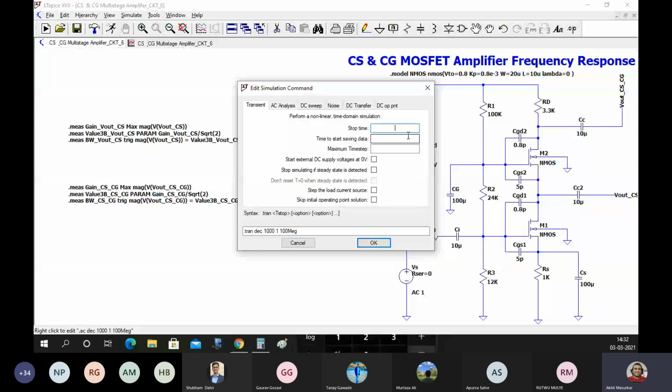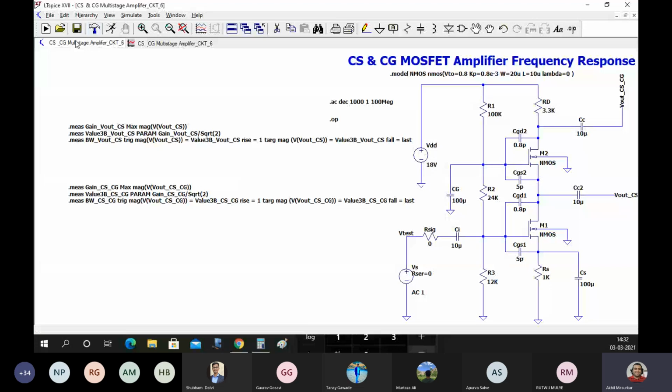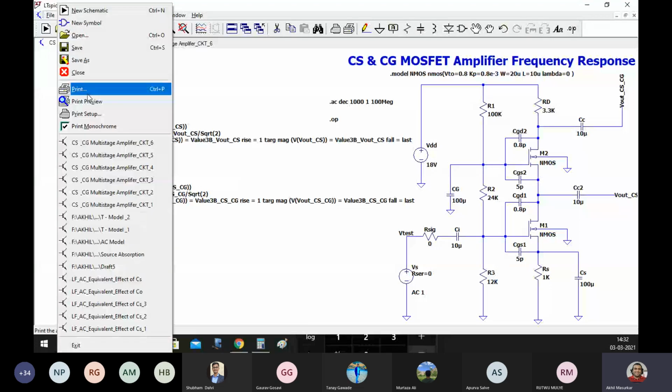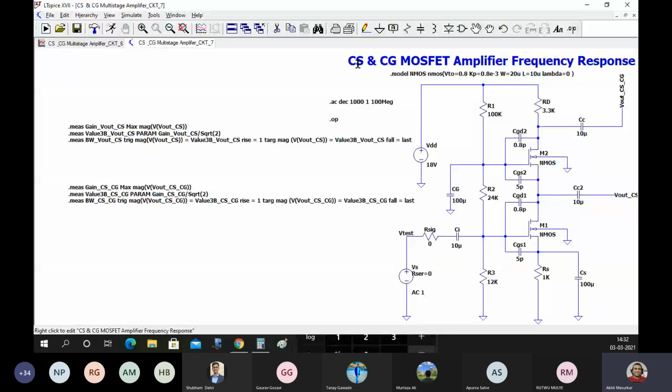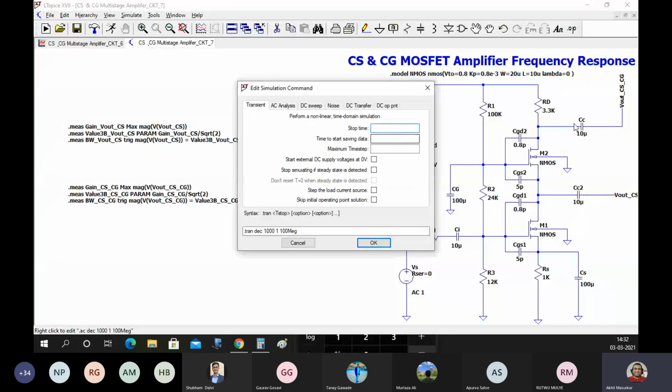So stop time would be milliseconds, 0.01.